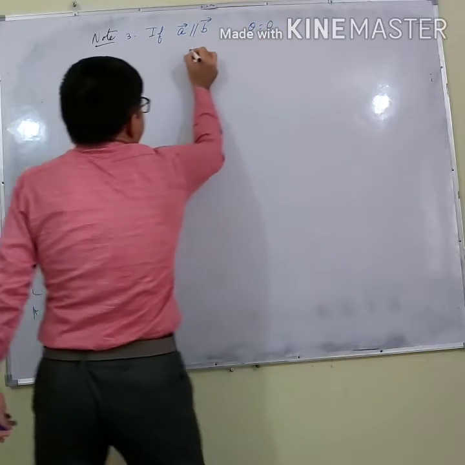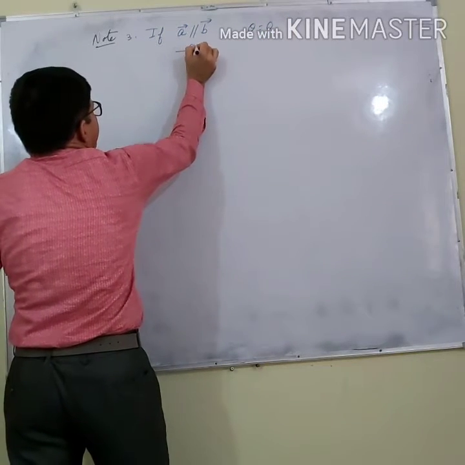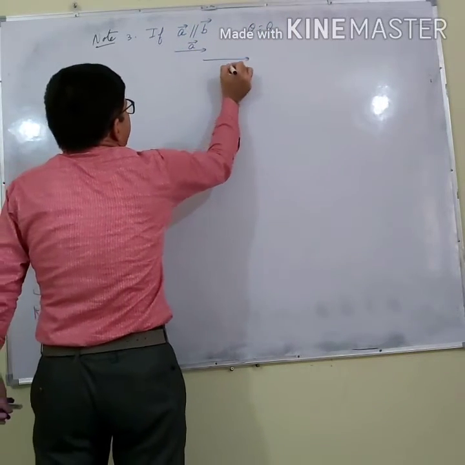Theta is 0. Let us say A is this vector and B is this vector.